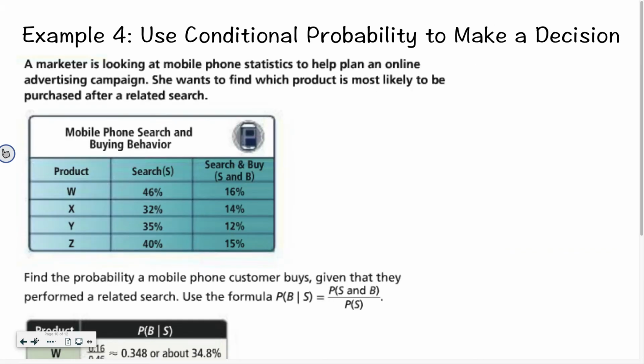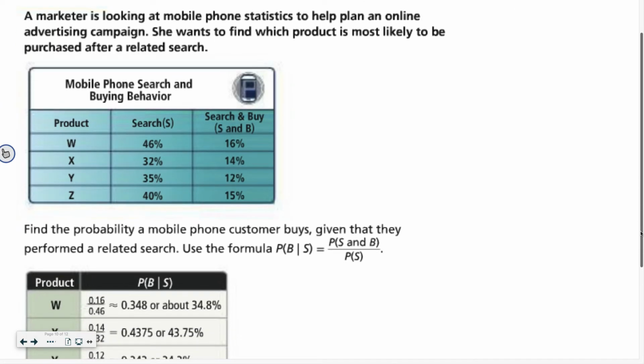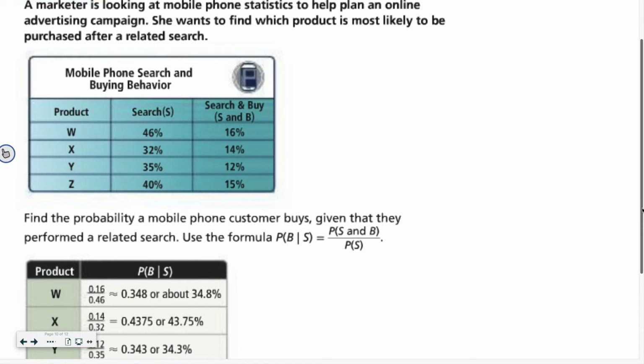All right, example 4, this is the last example. So a marketer is looking at mobile phone statistics to help plan an online advertising campaign. She wants to find which product is most likely to be purchased after a related search. Okay, so if we look at this problem, we have product W, 46% search for it, and of the 46%, 16% purchase.